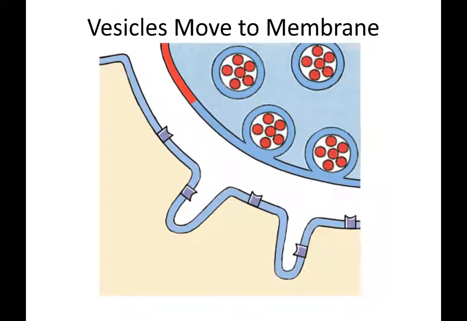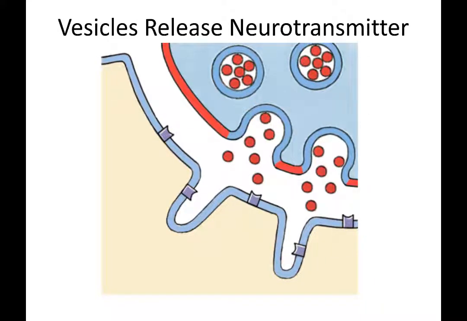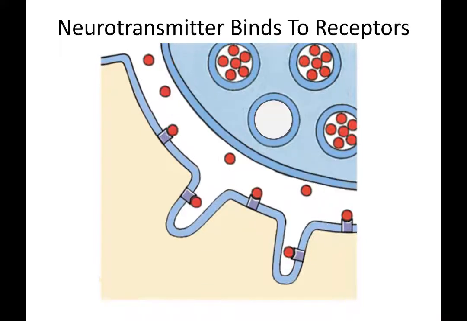That causes these vesicles to come to the edge, fuse to the edge, and ultimately spill out their neurotransmitters. These neurotransmitters will then bind to the receptors on the other side of this cleft, the synaptic cleft being the gap.